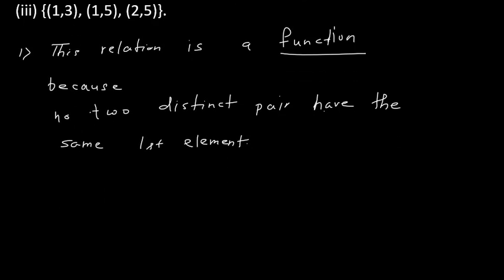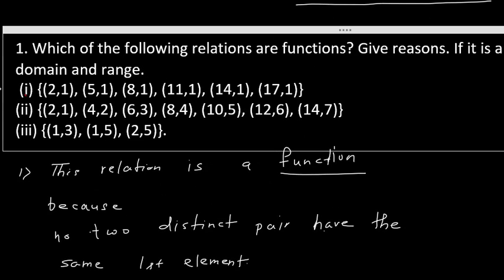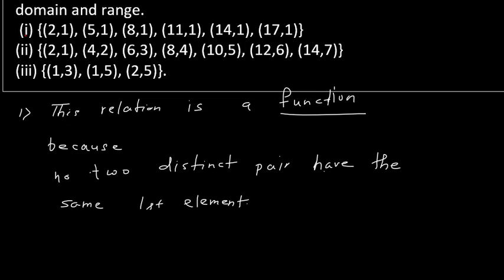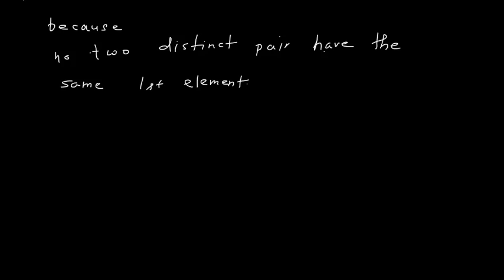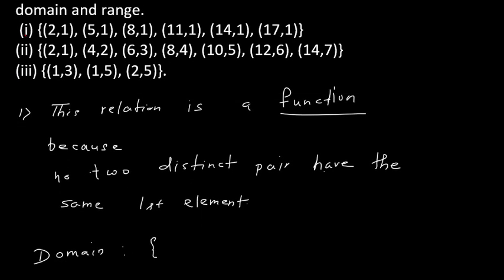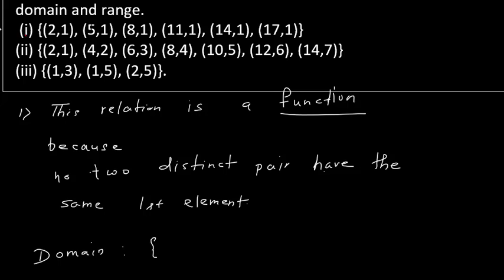So here the question is, which of the following relations are function? Give reason if it is a function, define domain and range. So it is a function because no two distinct pairs have the same first element. So here I will say that domain is the set of first elements. So first elements we have 2, 5, 8, 11, 14 and 17.